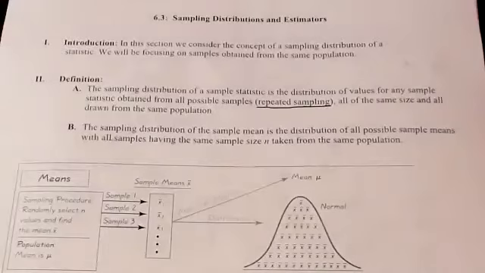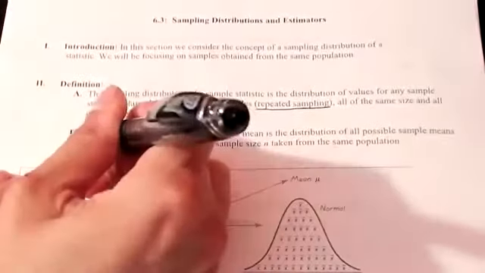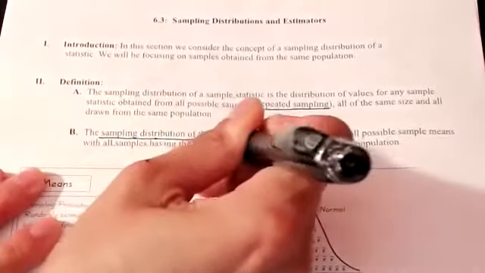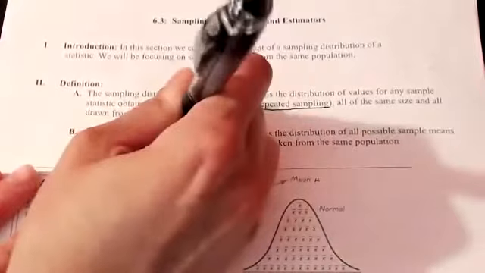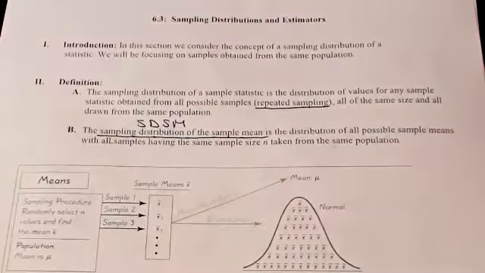Next, the sampling distribution of the sample mean. That's actually abbreviated SDSM, the sampling distribution of the sample mean, is the distribution of all possible sample means with all samples having the same sample size n taken from the same population.